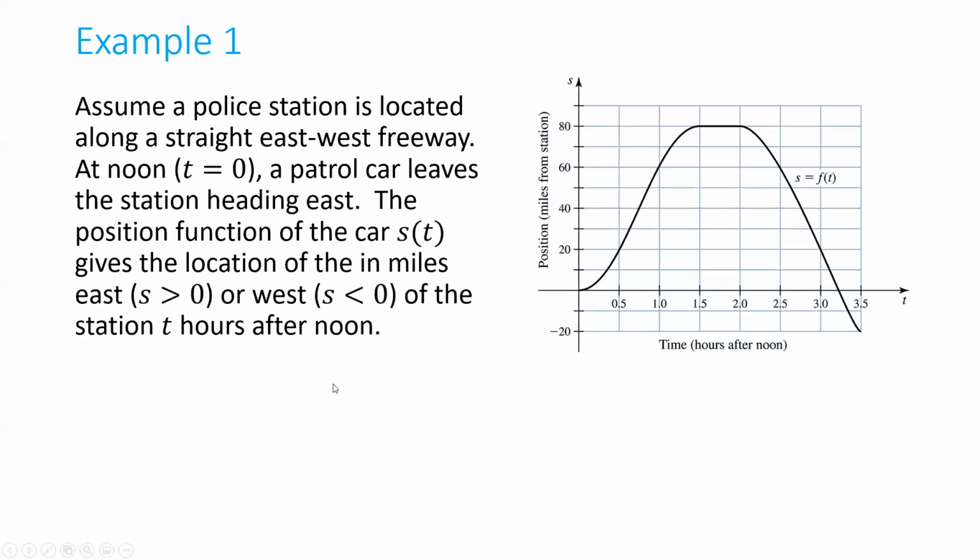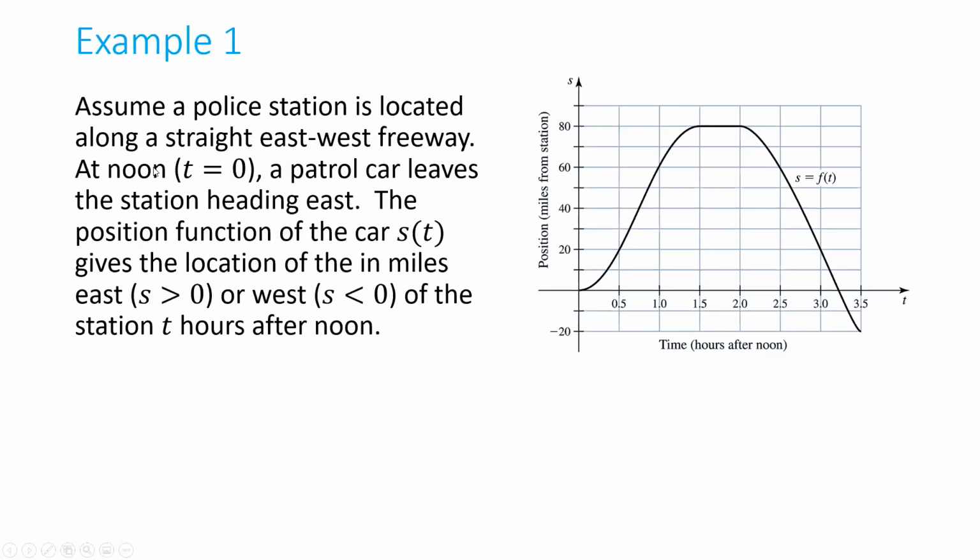Now let's practice here with an example. So let's assume a police station is located along a straight east-west freeway at noon, which we're assigning t equals 0 to be noon.